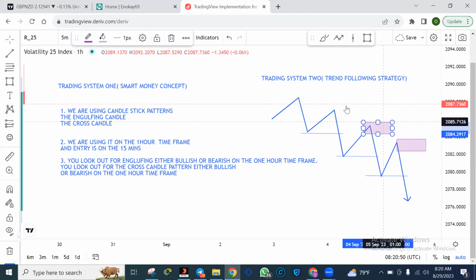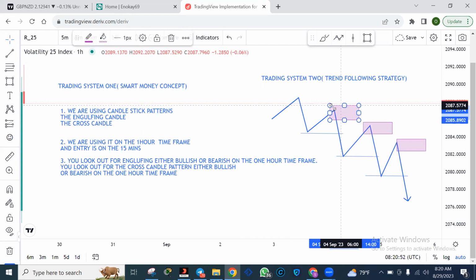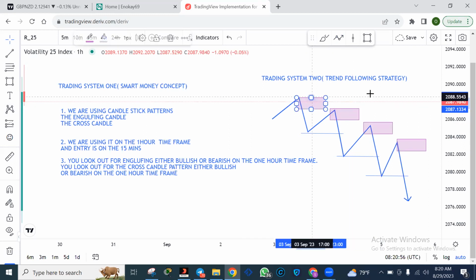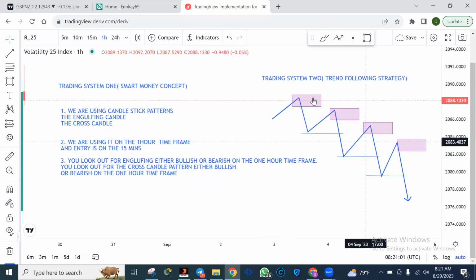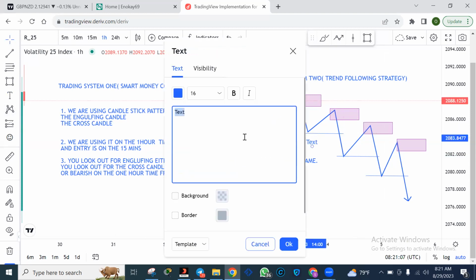It can be anywhere, okay? The candlestick patterns are the criteria for entry, all right? Wherever they are, as long as there is a break of market structure, BMS, we are going to use BMS.